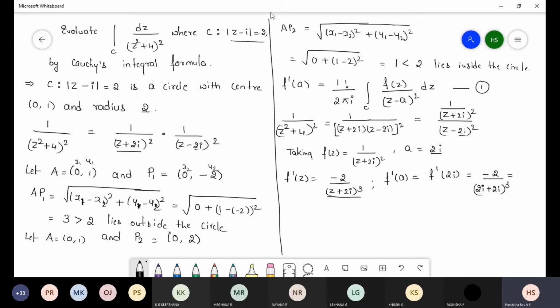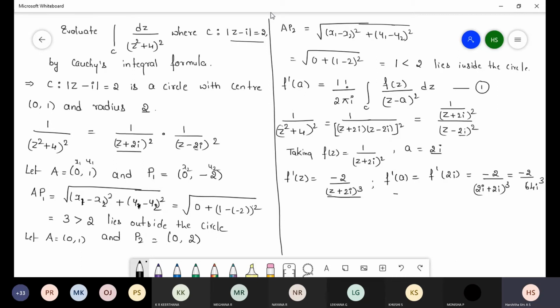So I will get minus 2 divided by (4i) whole cube; 4 4s are 16, then 64 i cube.